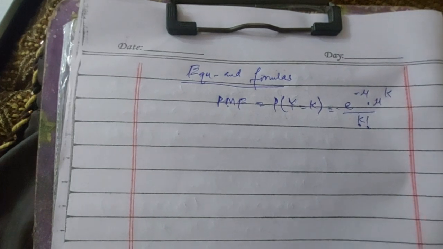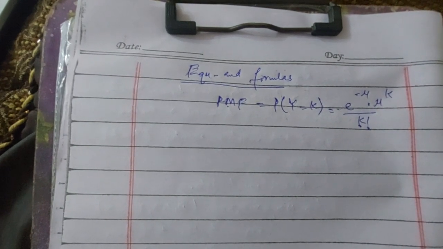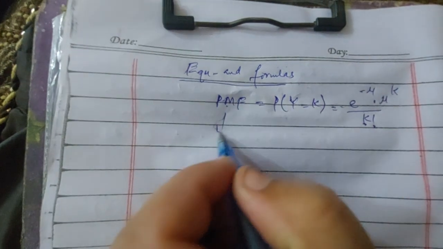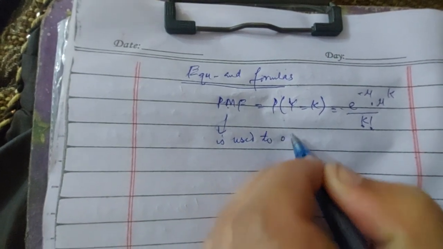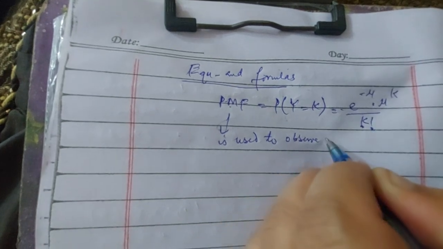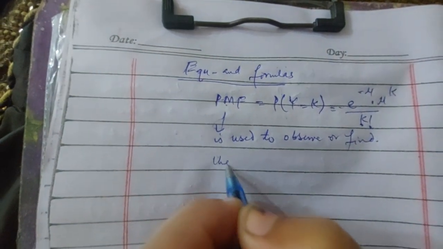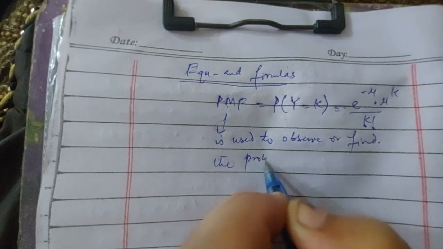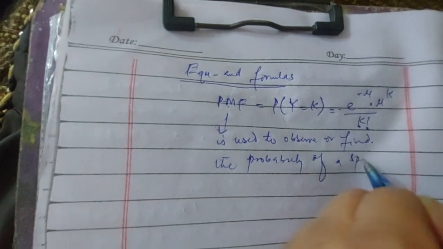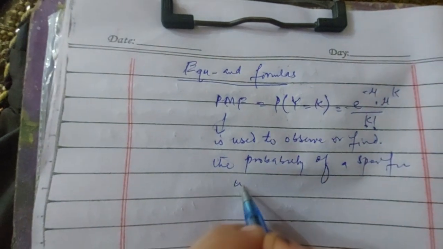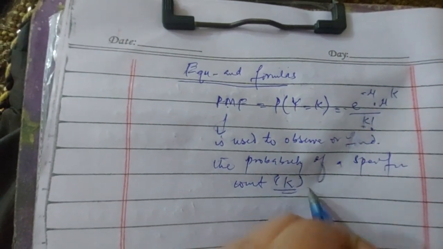For a specific count k, this PMF is used to find the probability of a specific count, which is k here.